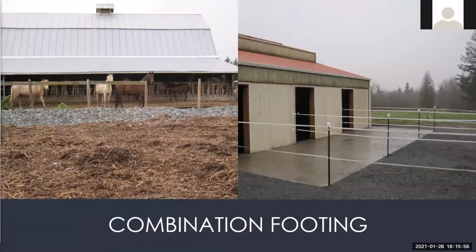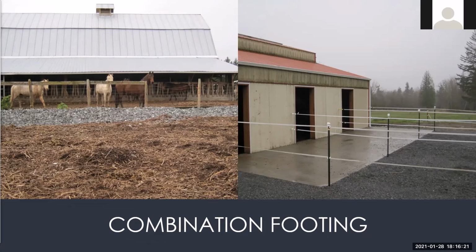And then also thinking creatively, you can do some different combinations. So, you know, in this picture on the left, they're using a larger rock along the fence line and sort of maybe in those more areas where livestock are walking through and concentrating, and then have hog fuel around it. In the picture on the right, you've got the concrete right around.